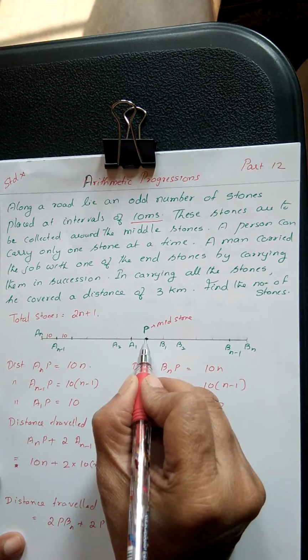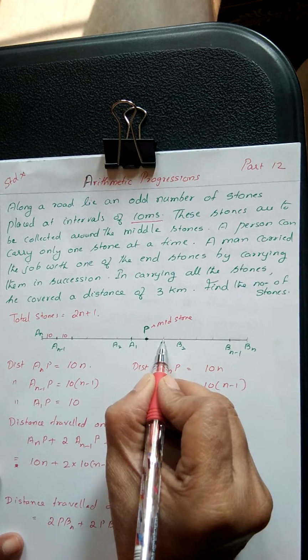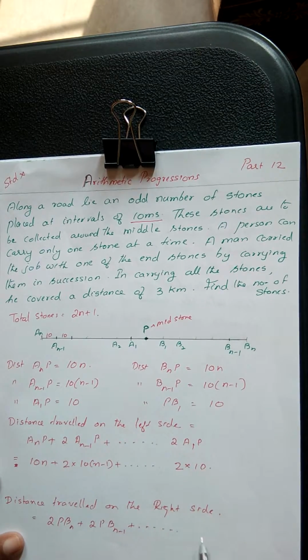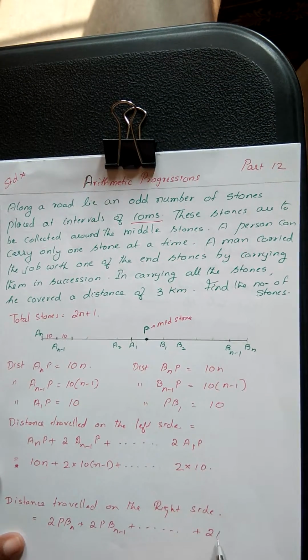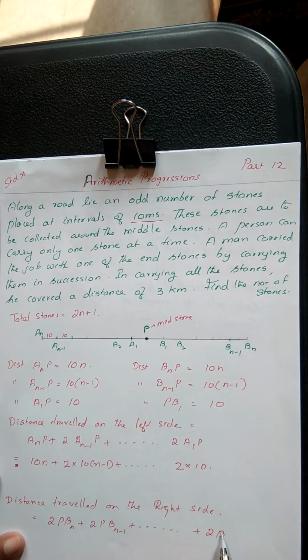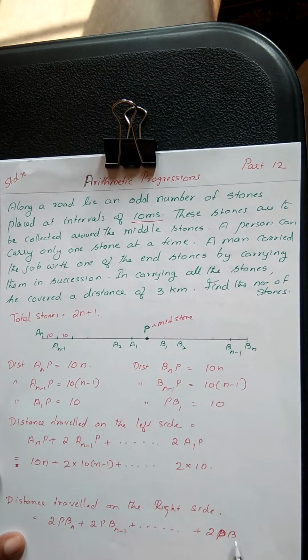Again he will come here, from here to B1, then collect the stone and go back to P. So plus 2 PB1.